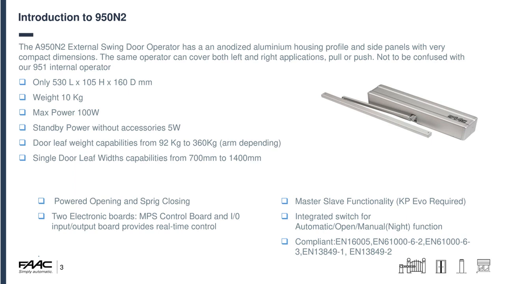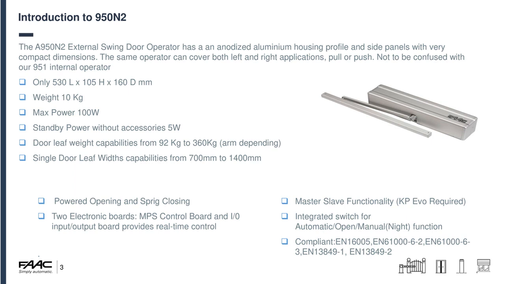The 950N2 swing door operator has an anodized aluminium housing profile with side panels. Built into one of the side panels is a little key switch, which I'll discuss in a short while. The dimensions are very neat and compact, only 530 in length, 105 in height and 160 deep, so it can fit above quite tight spaces where required.